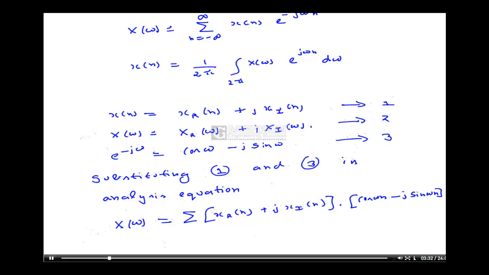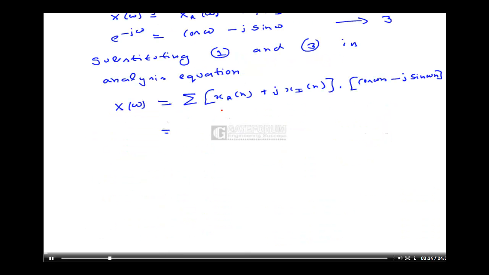Okay. Now we can multiply the terms and separating the real and imaginary parts, I will get summation x_r[n] cos omega n plus x_i[n] sin omega n.